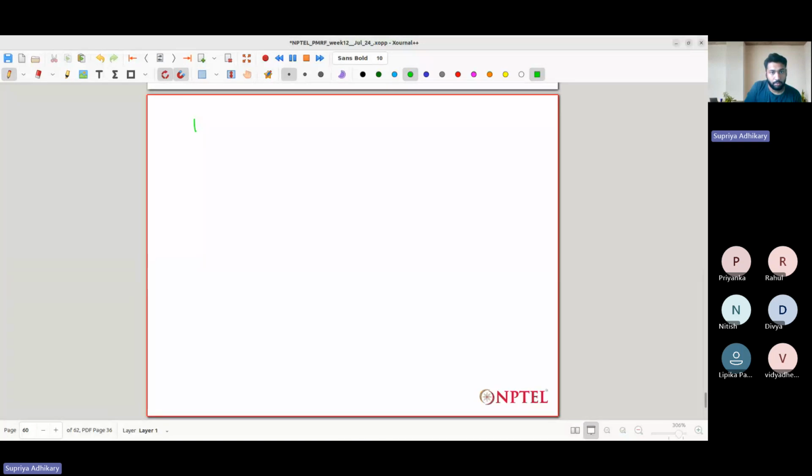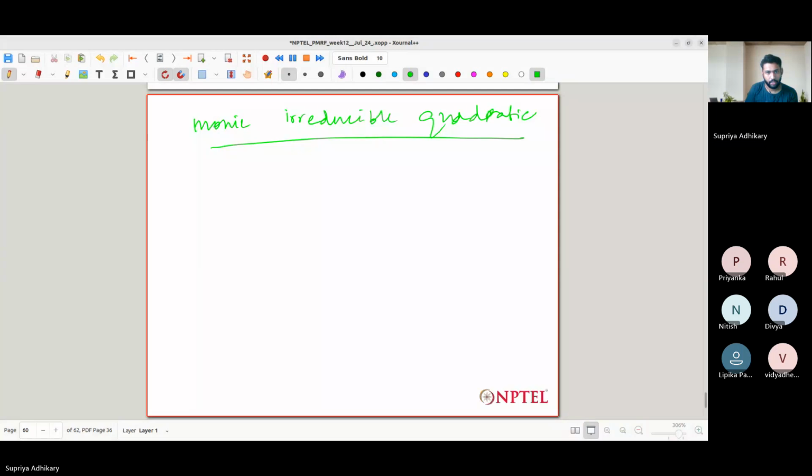So what about monic irreducible quadratic polynomials? Now polynomials are only of two types, right? Either it can be an irreducible polynomial or it can be non-irreducible.